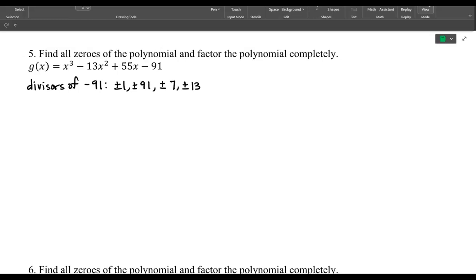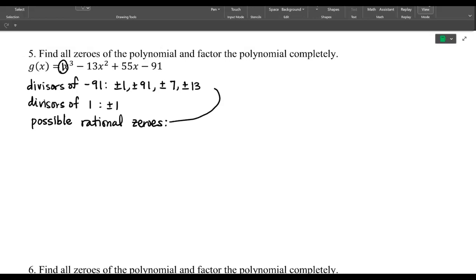From that, I don't necessarily have to look at the divisors of 1, which is what the leading coefficient is right there, because that's just plus or minus 1. And from those two lists, I will form my list of possible rational zeros. And because I'm just going to be taking numbers in the first list and dividing them by 1, this list is exactly the same as that list.